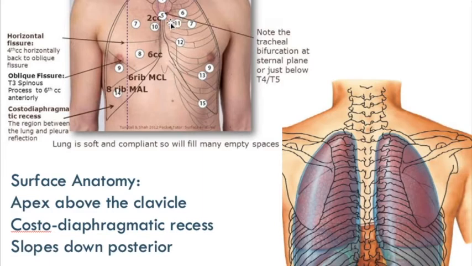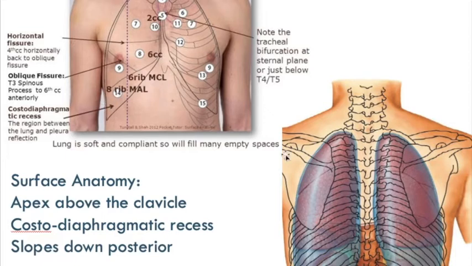So when you have to percuss out the hard borders, or you are trying to percuss a specific lung lobe, or kind of find a pathology, you can orientate yourself to which rib space you are by starting at the angle of Louis, or the manubriosternal angle, and then working your way down this at the level of the sixth costal cartilage.